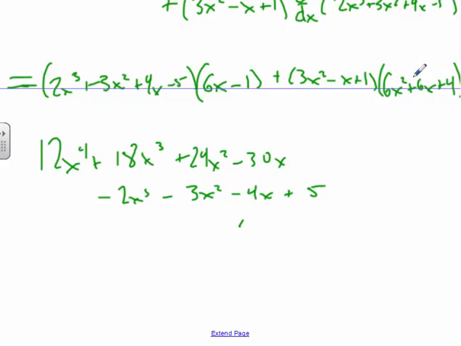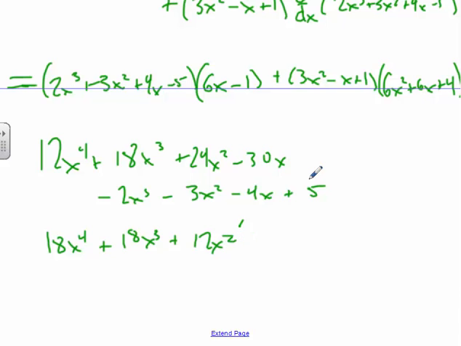And then over here, when you distribute this piece over here, you'd continue by getting 18x to the 4. And then you'd get an 18x to the 3. And then you'd get 12x squared.